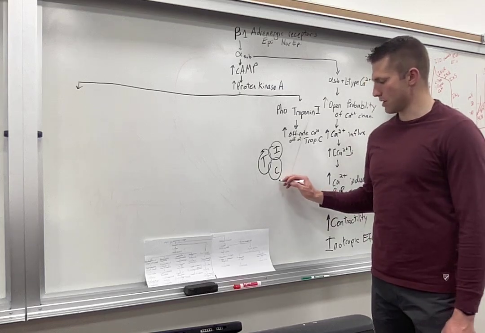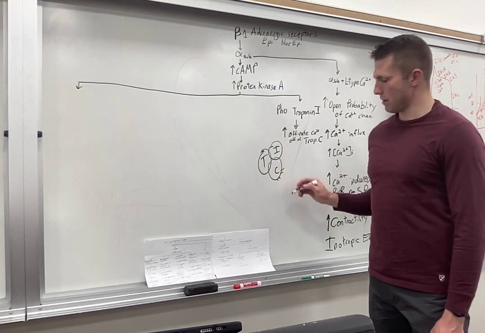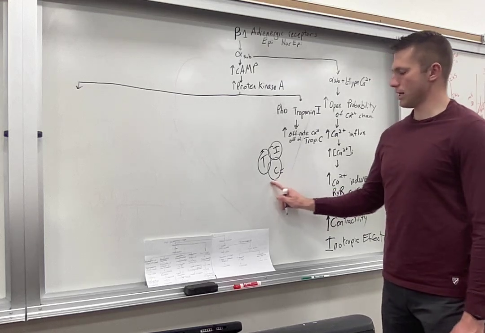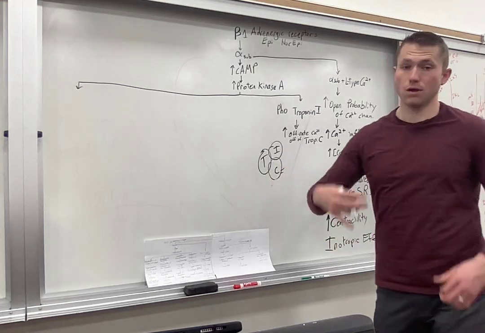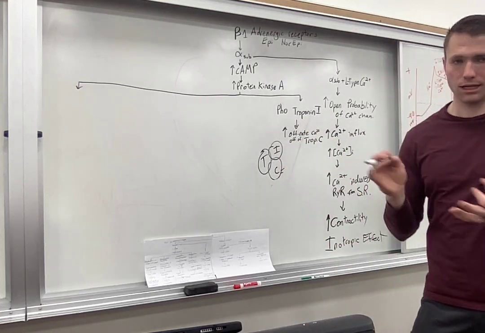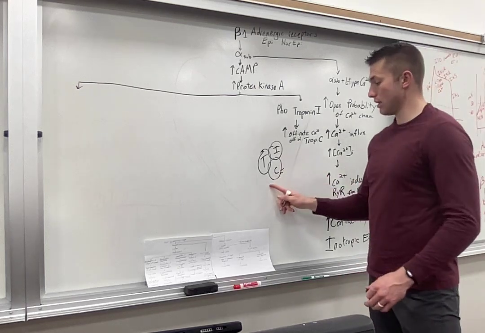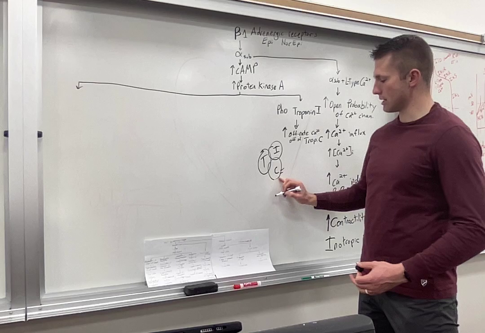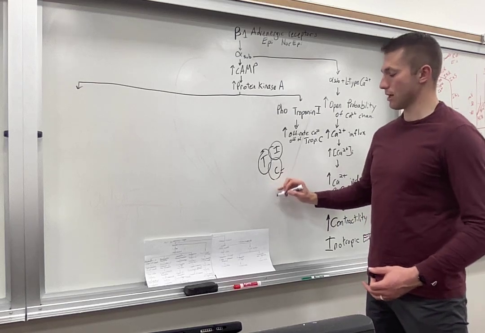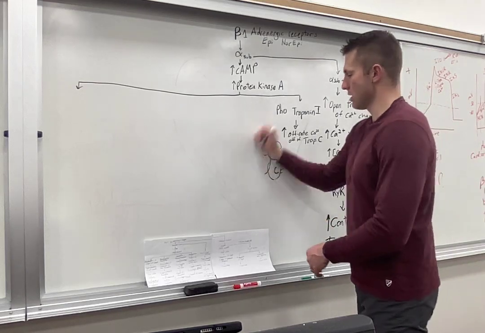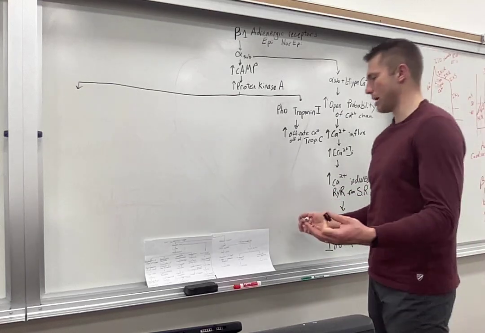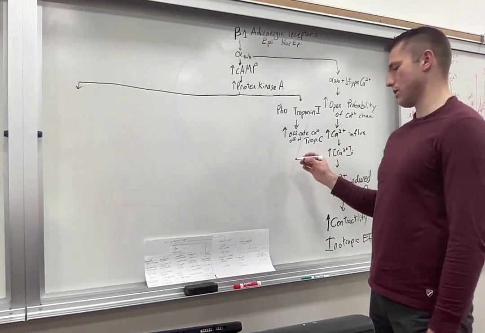Well, remember there's 4 binding sites for calcium, and when only 2 of them are occupied, then this goes back to occupying actin, preventing contraction. Well, with off rate faster, that's going to make the calcium get off of this faster, which means that it's going to bind to actin and tropomyosin faster. So what is that going to lead to?